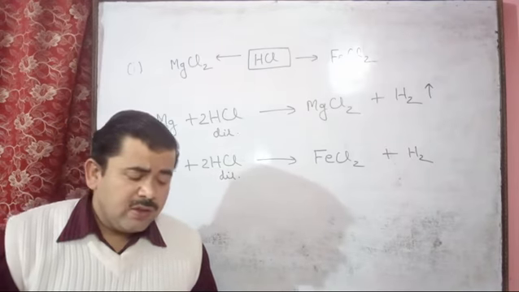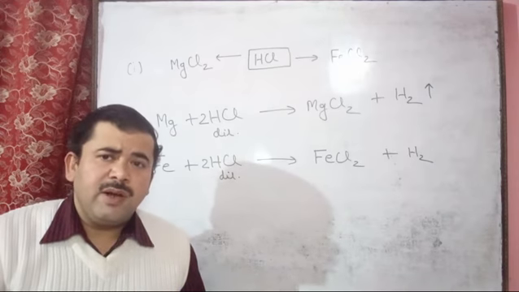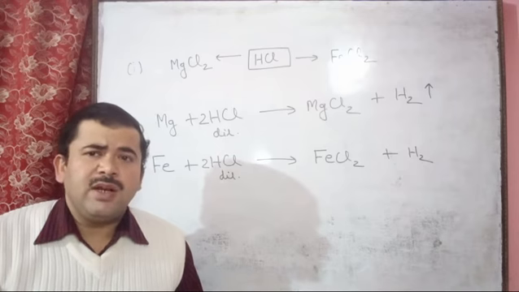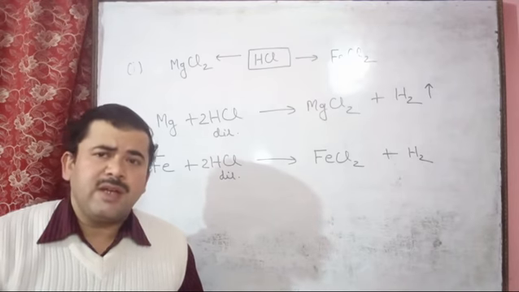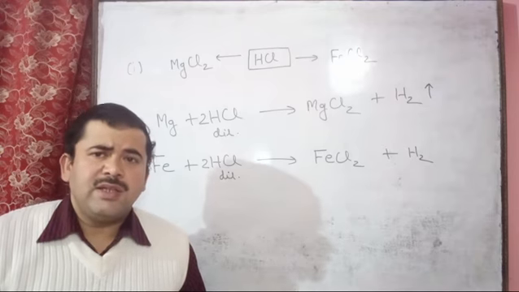Here you can take copper sulfate: if a little amount of copper sulfate is present, this copper sulfate enhances the chemical reaction. So we can say this is the catalyst here.